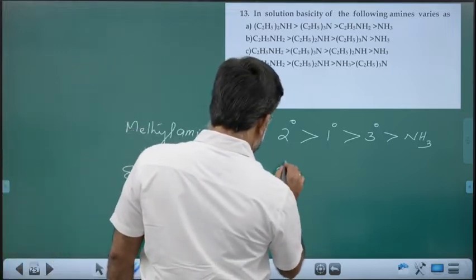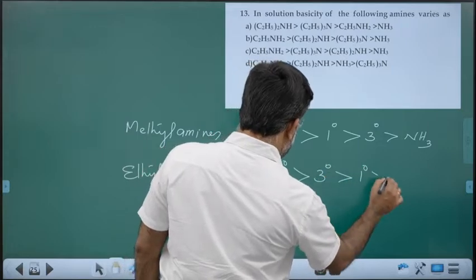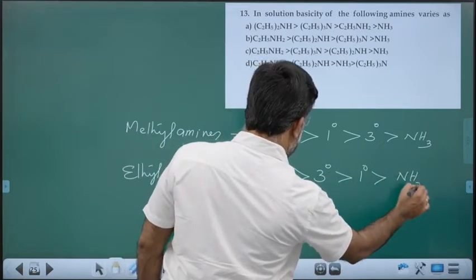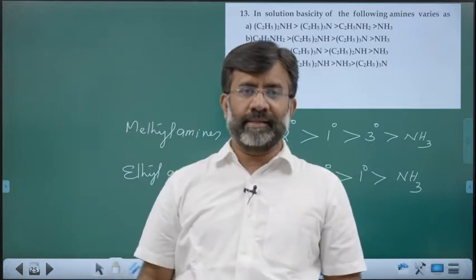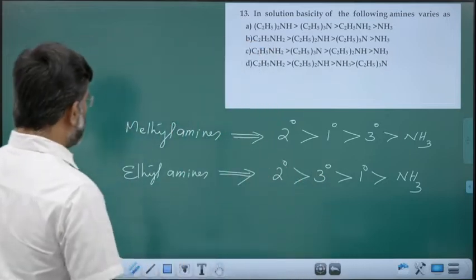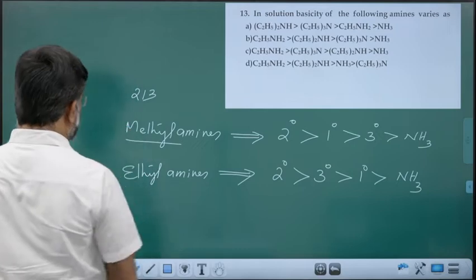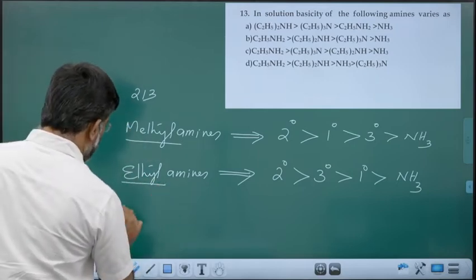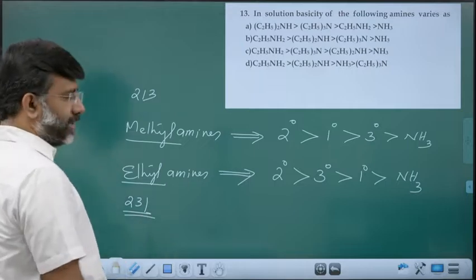The order is secondary amine greater than tertiary amine greater than primary amine greater than ammonia. This is the order, and you can memorize that very easily. You see, methyl means a small group. The order is 213, a small figure. Ethyl is a bigger group. The order is 231, a bigger value. Just memorize like that.